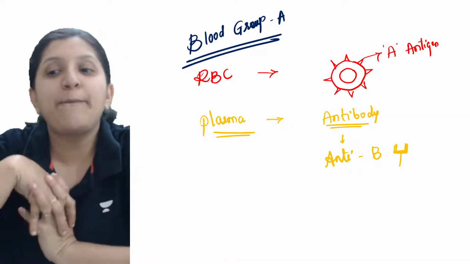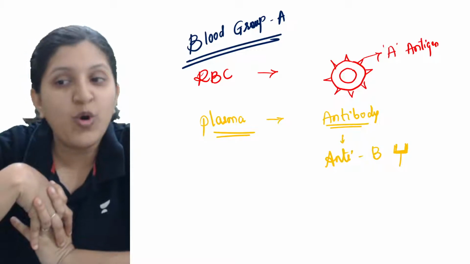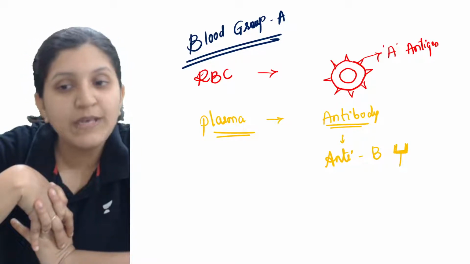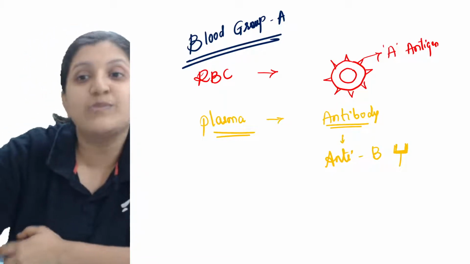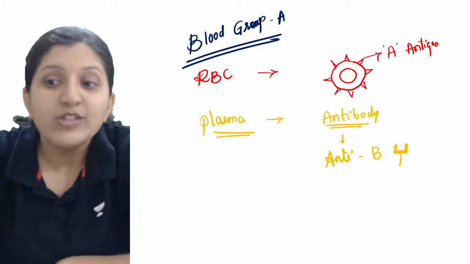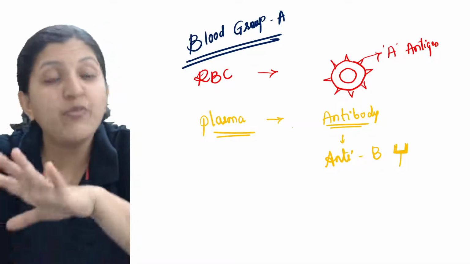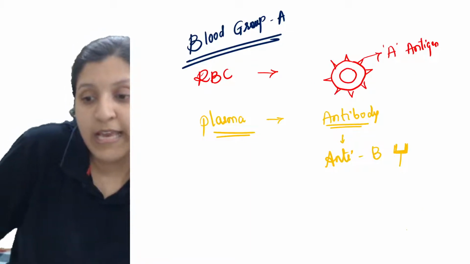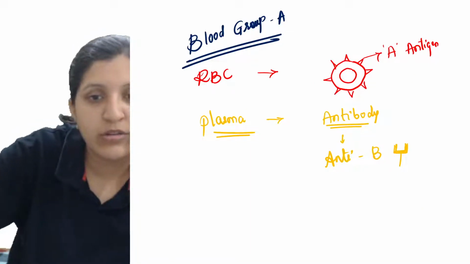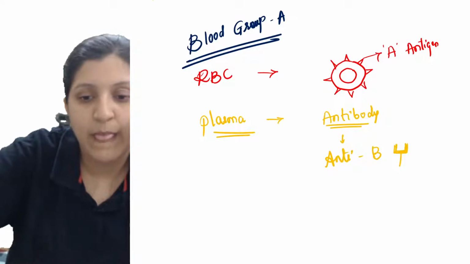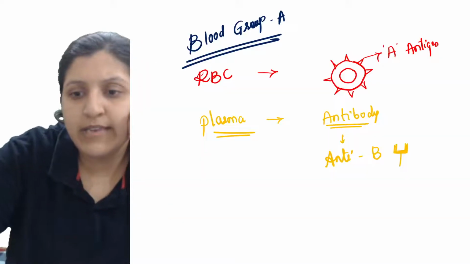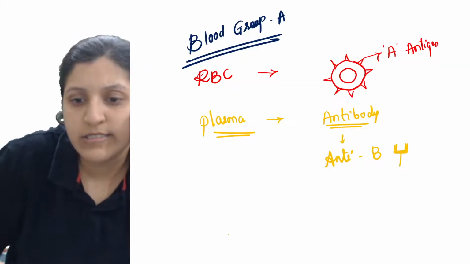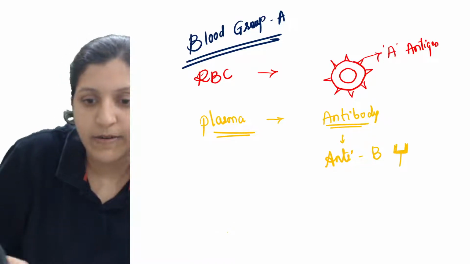Instead of anti-B, which is present in the plasma of a blood group A person, if there was antibody A itself, I'll just mention the antibody A structure here.